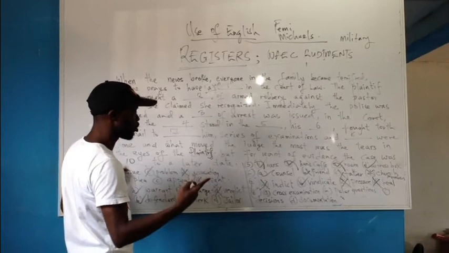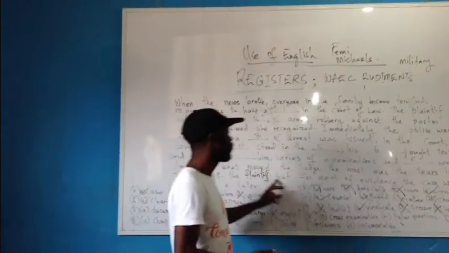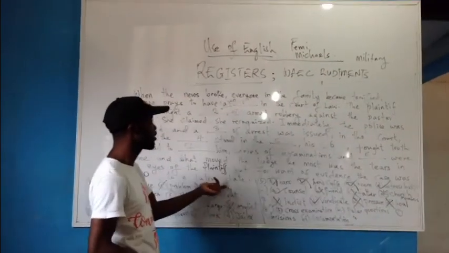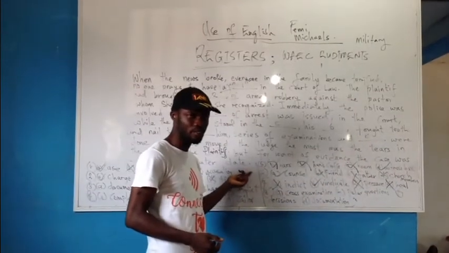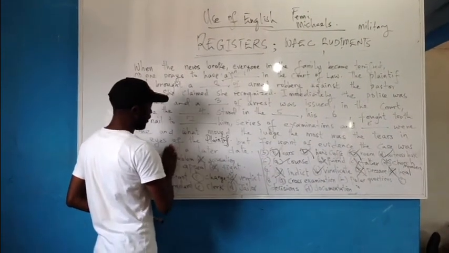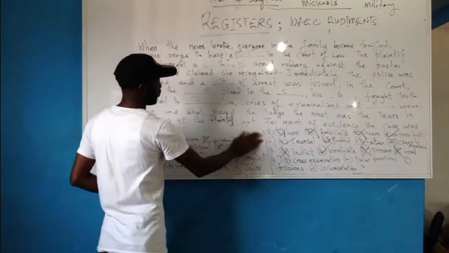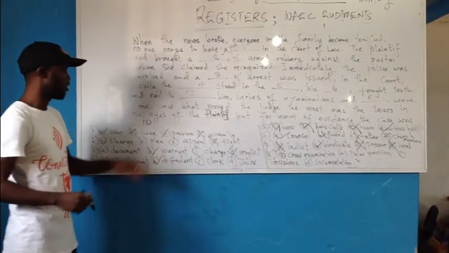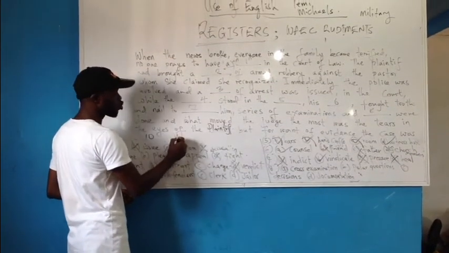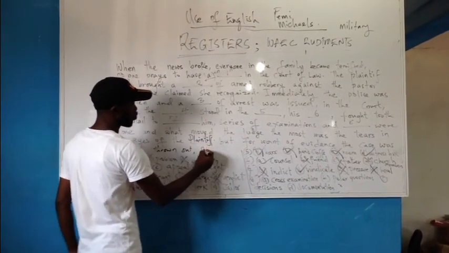It will be adjourned or postponed, which is the last option. But for want of evidence, the case was dashed to a later date. If in the passage we didn't have to a later date, so the case was dashed, your option would be the case was thrown out or it was quashed.